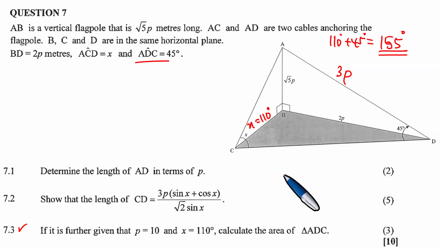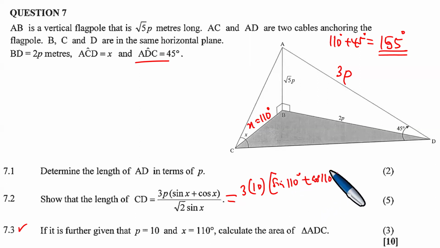What is actually CD? So the CD can be found as follows. You say 3 times P, P is 10, and you have the sine of 110 degrees, cosine of 110 degrees, over the square root of 2 times the sine of 110 degrees.